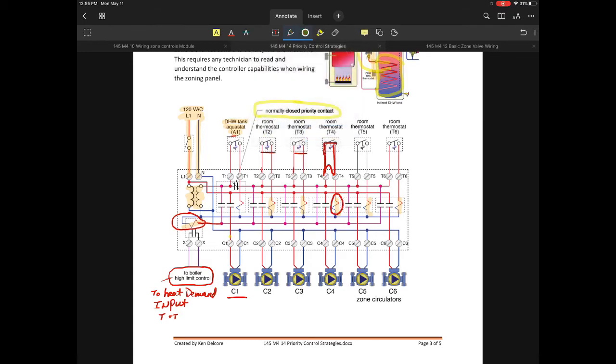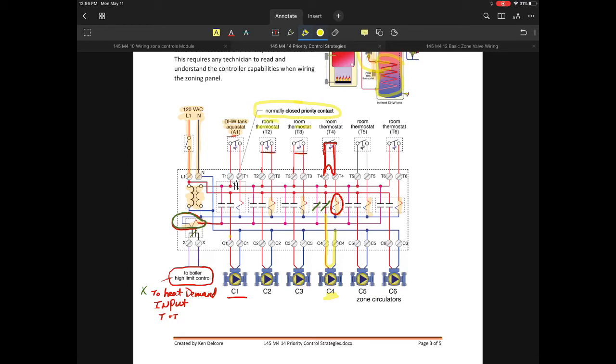Immediately, once any one of these other ones has a demand, let's say only T4 has a demand, that thermostat closes and we send power, completing the circuit on T4. That powers up this relay, which would then close the two contacts that are here. One of them completes the circuit to keep the boiler demand relay circuit energized, which then closes that demand relay, and your X and X are then going to go to your heat demand input again.